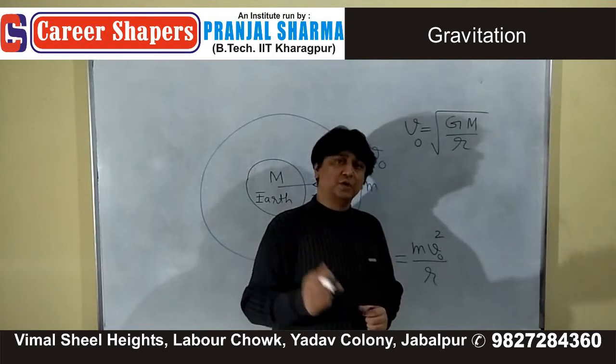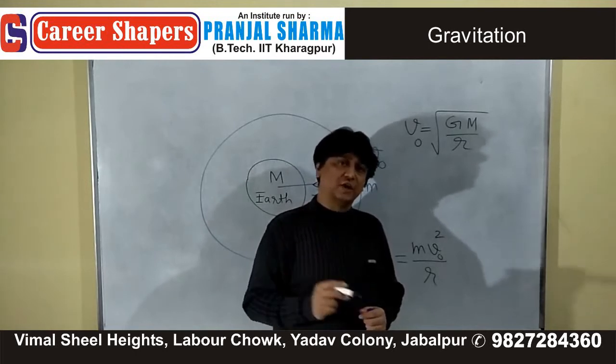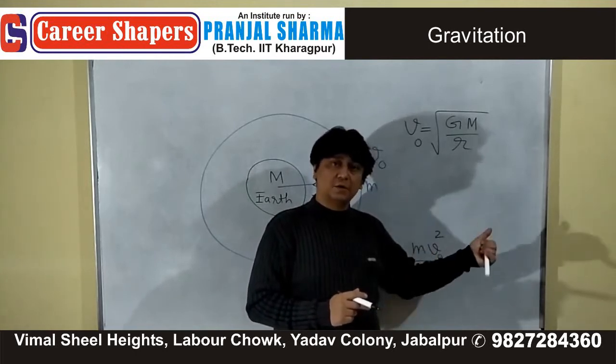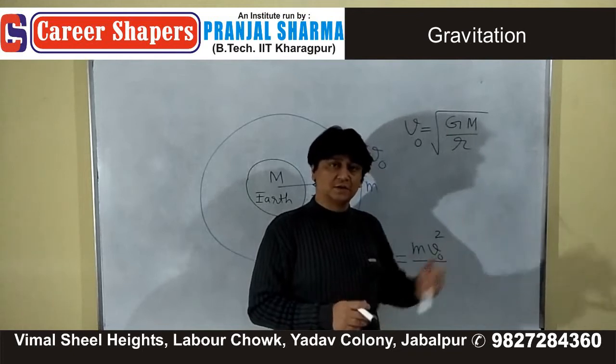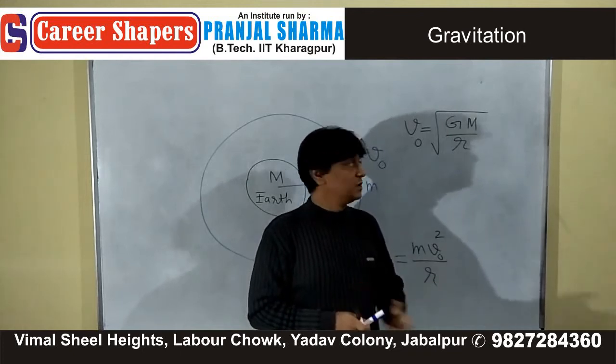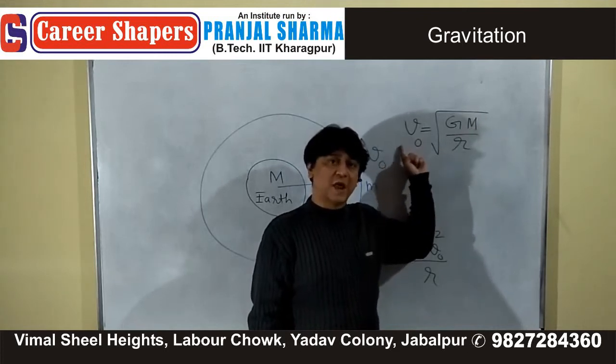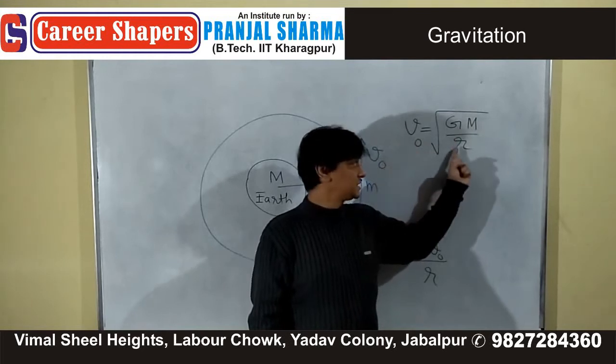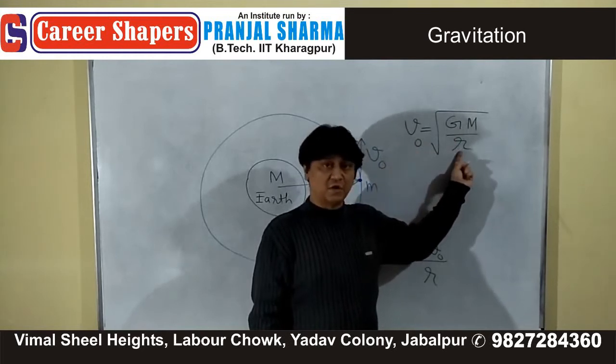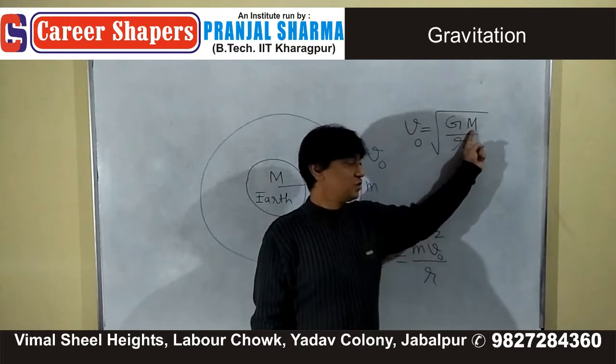But if for the time being you assume that all the planets revolve about the Sun in perfect circles, then in that case this M will be the mass of the Sun, and the orbital velocity of a planet will be decided by its distance from the center of the Sun and the mass of the Sun.